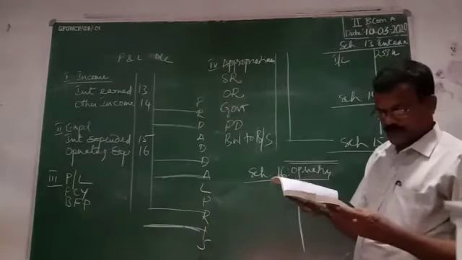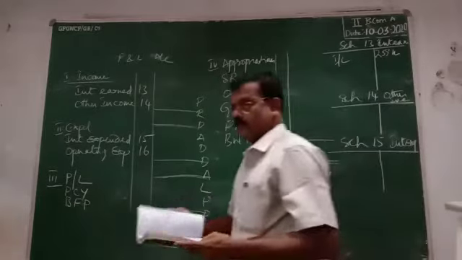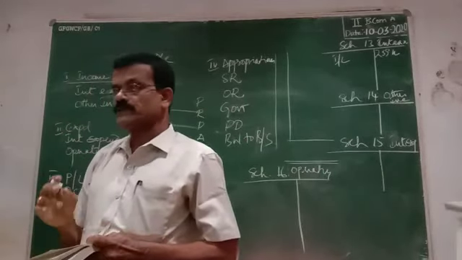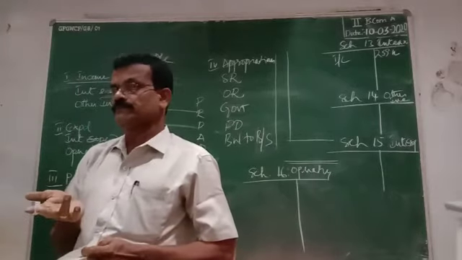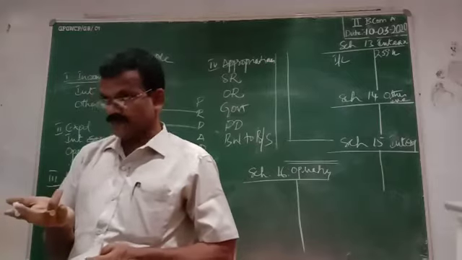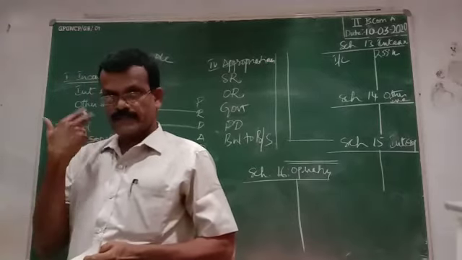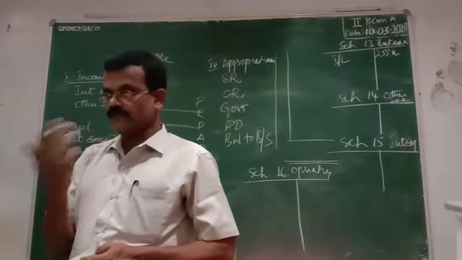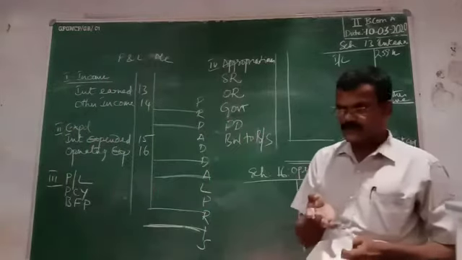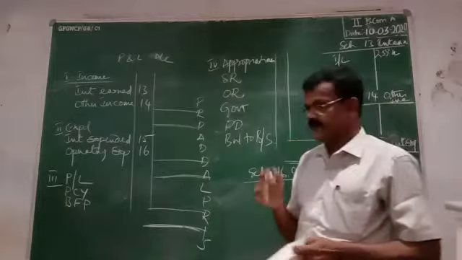Next, interest on fixed deposit 2,75,000. Interest on fixed deposit means interest expended. Interest expended includes interest on fixed deposit, interest on current deposit, interest on savings bank or recurring deposit. So these are all interest expended.